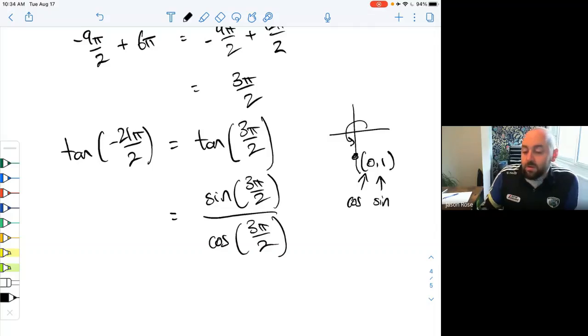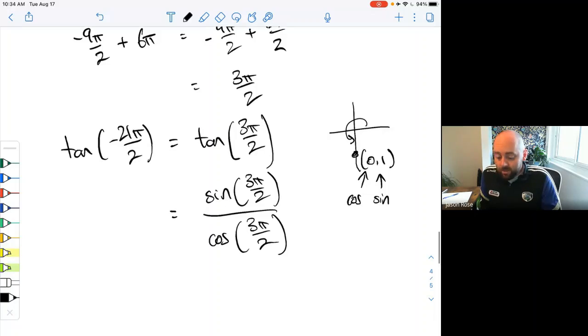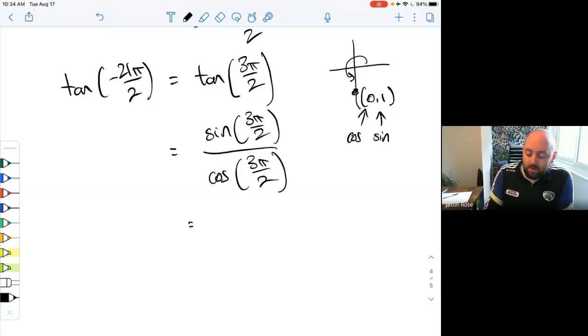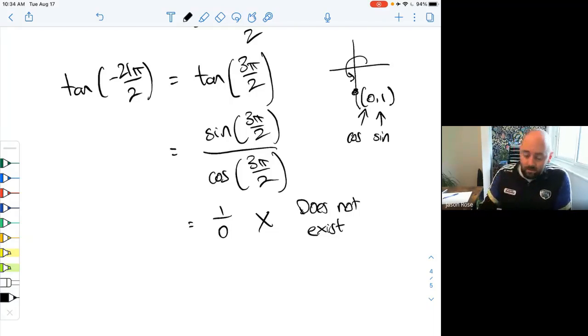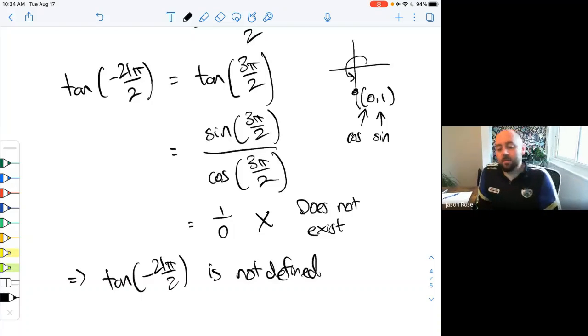The y coordinate would be your sine. So sine of 3 pi over 2 divided by cosine of 3 pi over 2 would be equal to negative 1 divided by 0, which does not exist. It's undefined. So actually the answer to this question is that tan of minus 21 pi over 2 is not defined. It's kind of a trick one.